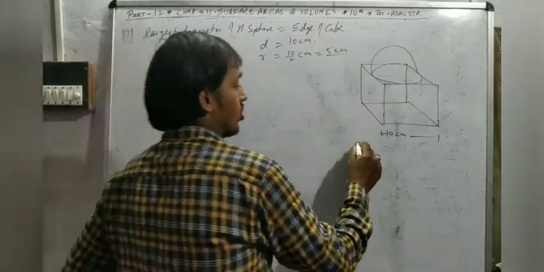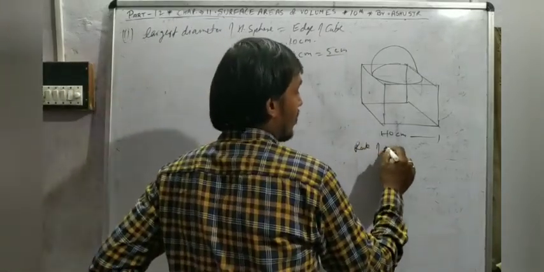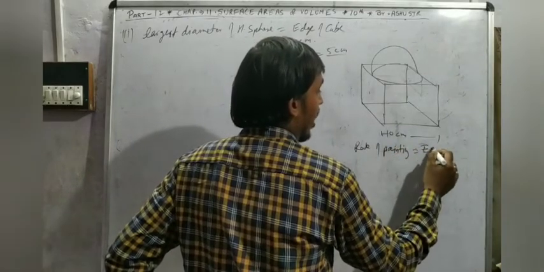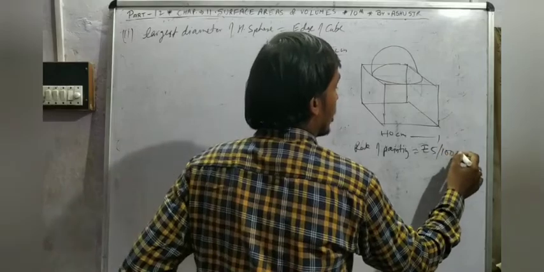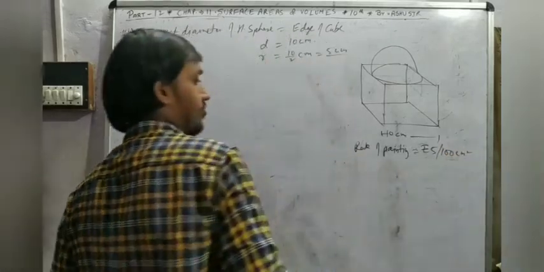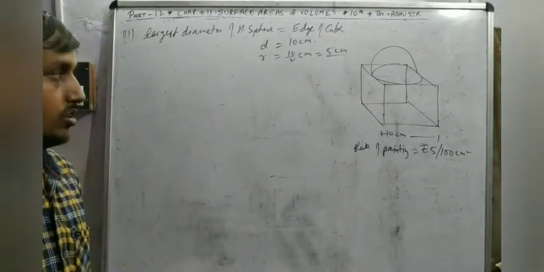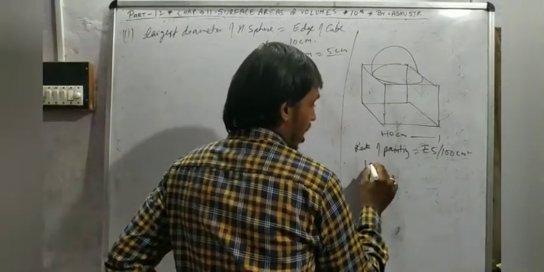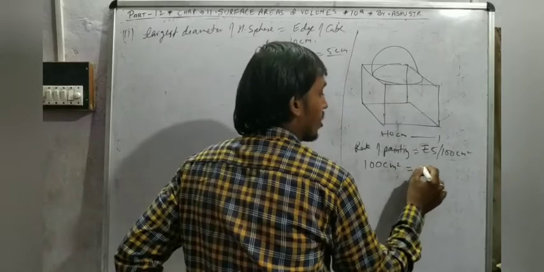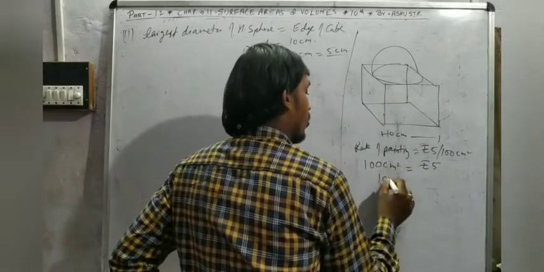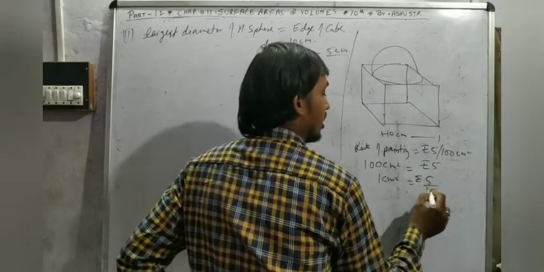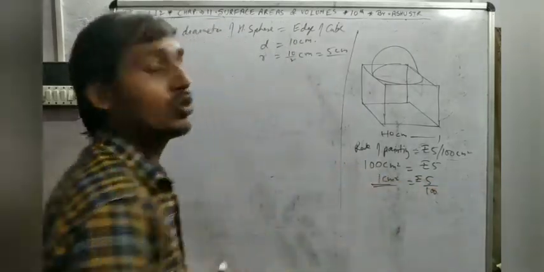Cost, rate of painting 5 rupees per 100 centimeter square. So I always say you can find the unit value: 100 centimeter square costs rupees 5, 1 centimeter square costs rupees 5 by 100. Always find the unit values.